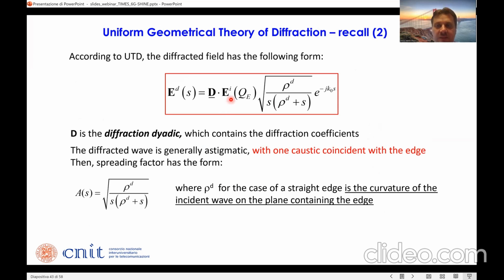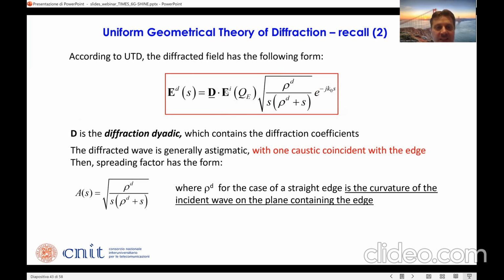Another interesting thing is the expression of the diffracted field along each of the diffracted ray on the Keller's cone. The diffracted field is expressed by the incident field on the edge multiplied by this matrix coefficient, dyadic coefficient D, and by the spreading factor of diffraction and by the phase factor along the ray.